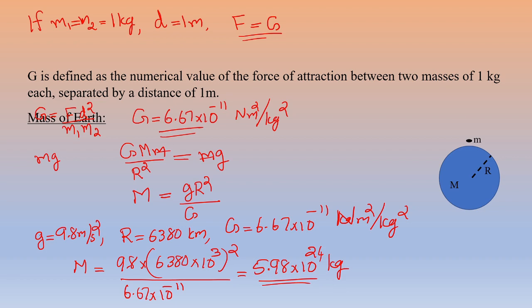Next we are going to check what is the value of small g at the different positions from the Earth. So the value of small g on the surface of the Earth: mg, the weight acting on a body of mass m, is equal to the gravitational force acting on that body.